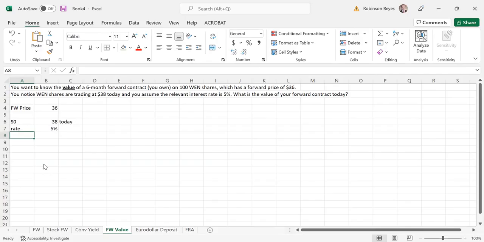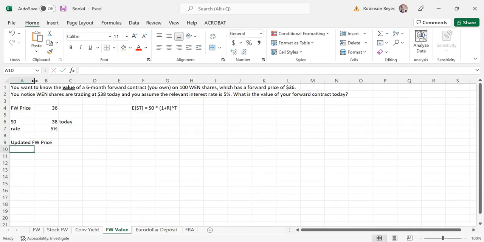Well, the way to do it is simply getting this spot price and then multiplying that spot price by, let me write it here, S0 multiplied by 1 plus R to the power of T. So let's do that here. Updated forward price.